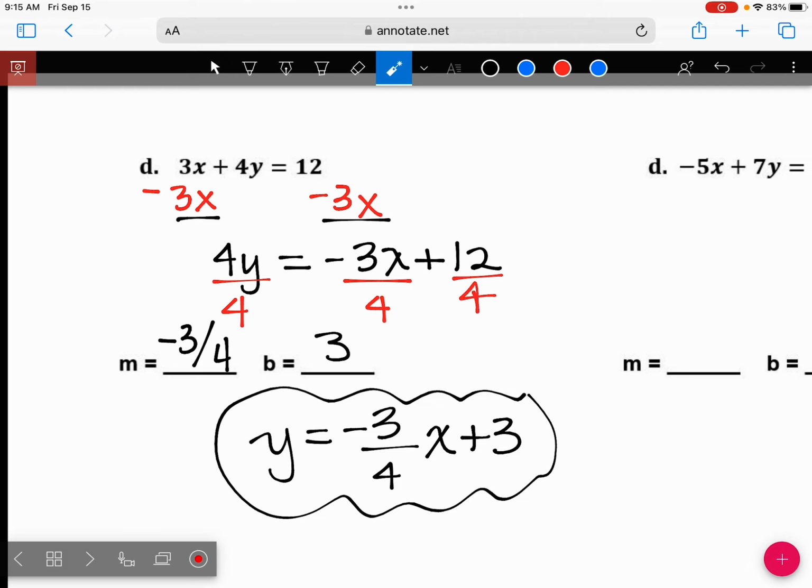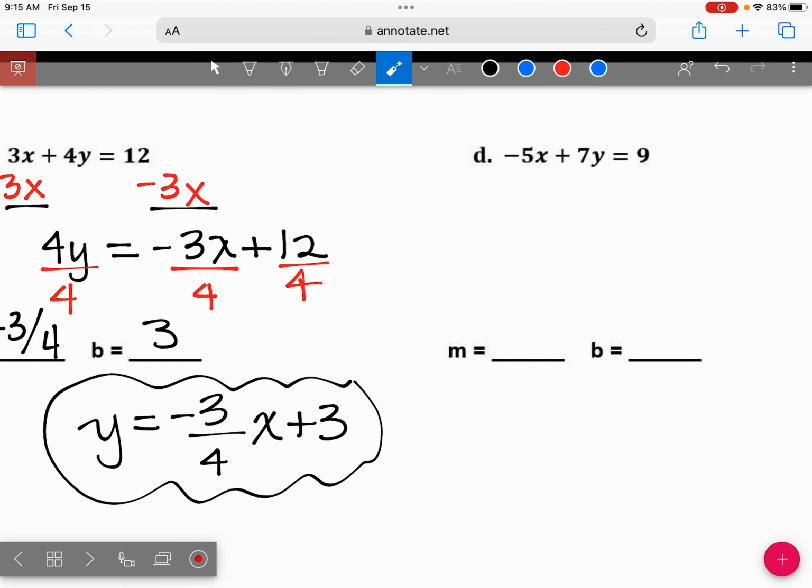All right, go ahead and do question D. I think both your slope and y-intercept are fractions. All right, so your first step was what?